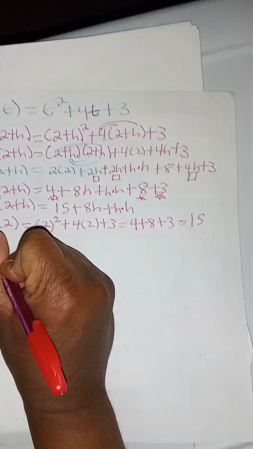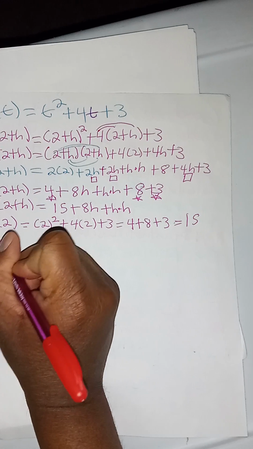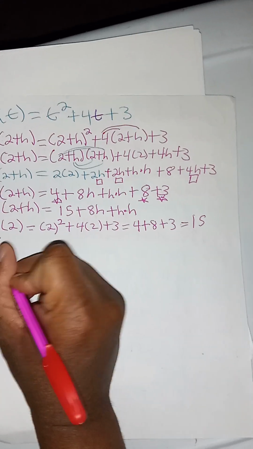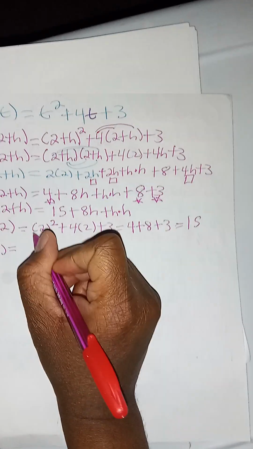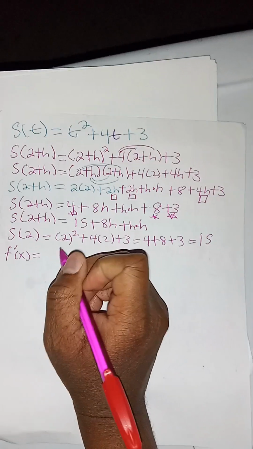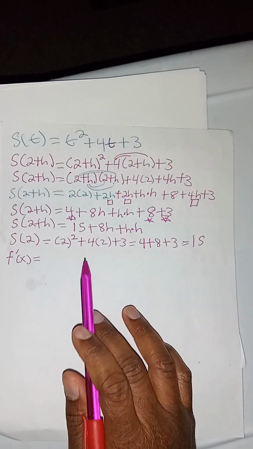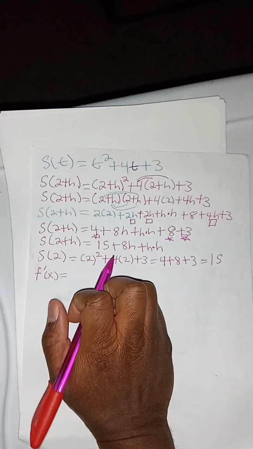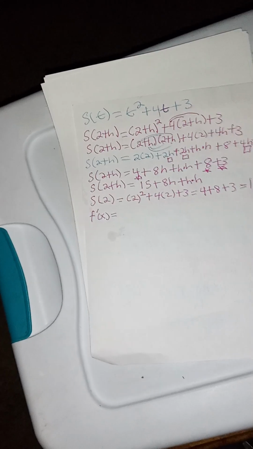So the limit, so f prime of x is going to equal s of 2 plus h minus s of 2 divided by h. And so we know our results for this.